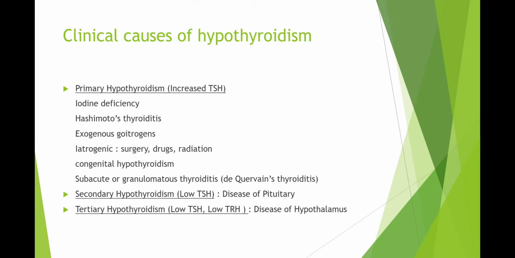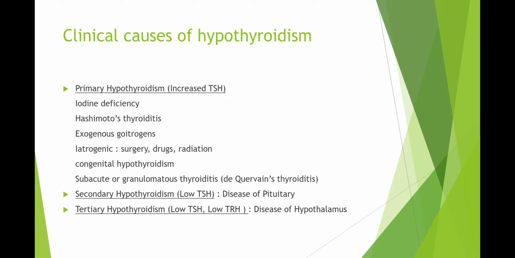The clinical causes of hypothyroidism. The causes of primary hypothyroidism, which has increased TSH, are iodine deficiency, Hashimoto's thyroiditis, exogenous goitrogens, iatrogenic causes like surgery, drugs, radiation, and congenital hypothyroidism.